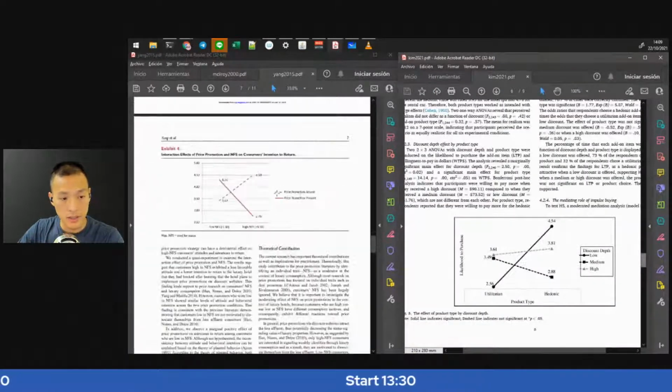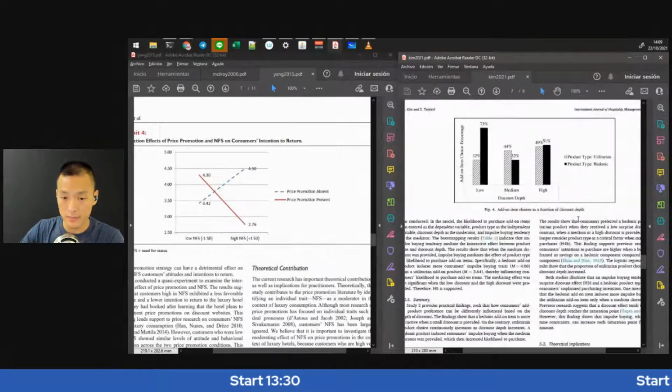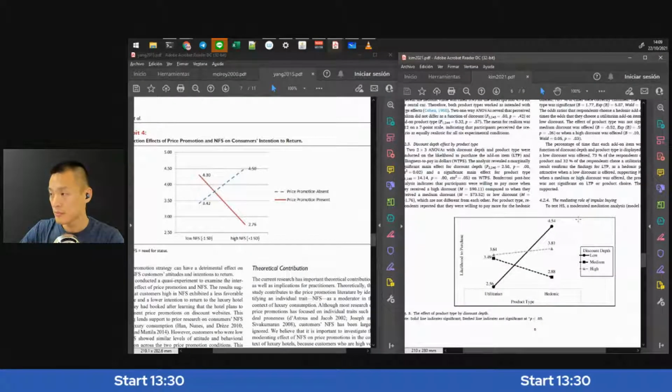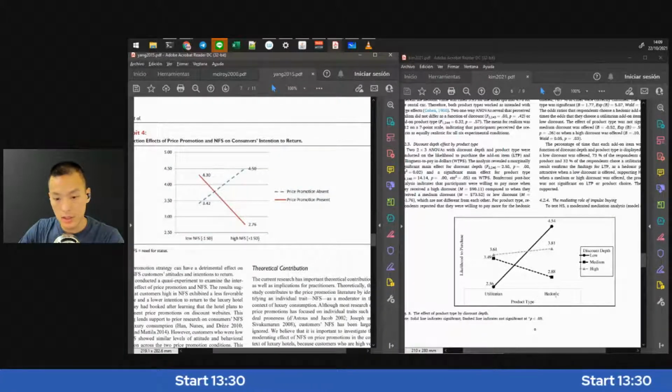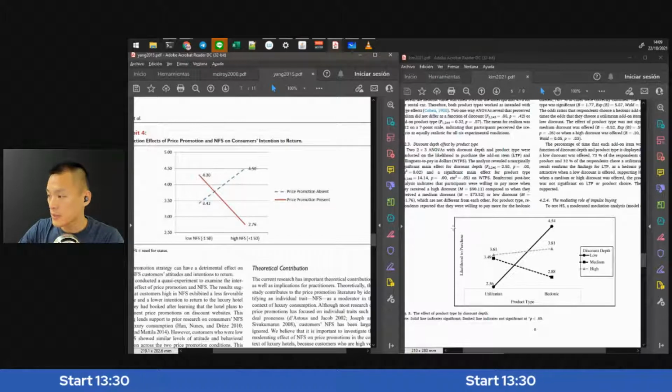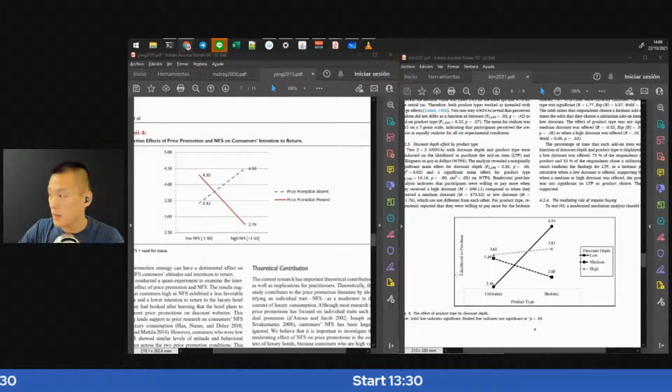All right, look at these two figures. Do you see similarities? I do. You have two types of things, and then you have customer satisfaction on the vertical axis. You have customer satisfaction over here, and customer satisfaction over here.